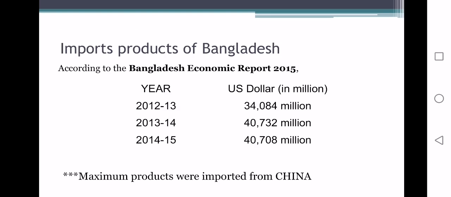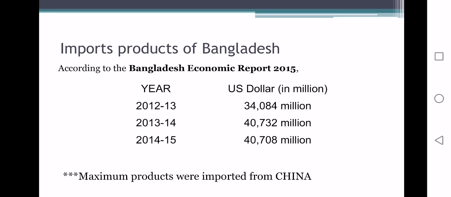This chart is very important for you to answer the short question. See, according to the Bangladesh Economic Report 2015, Bangladesh imported 34,084 million US dollar in 2012 and 13, and the amount has increased in the following year.